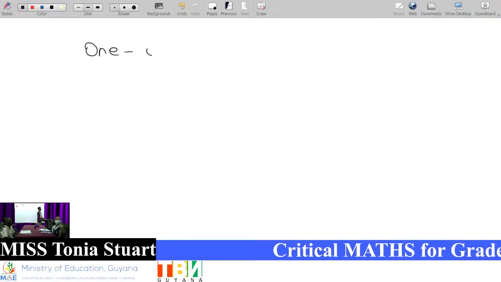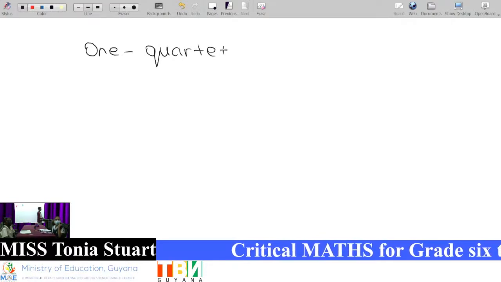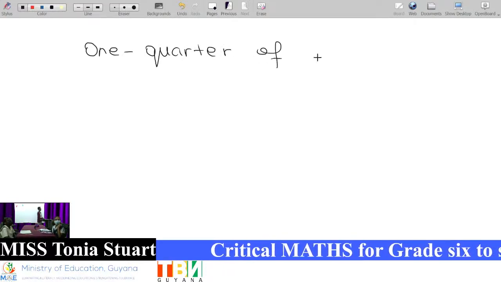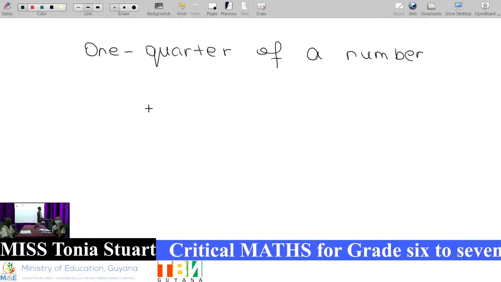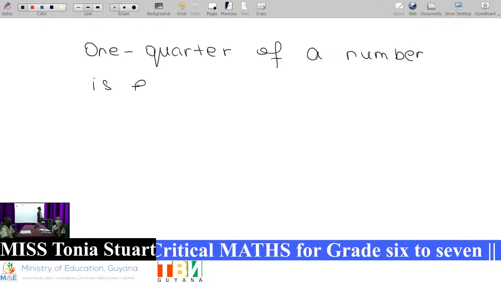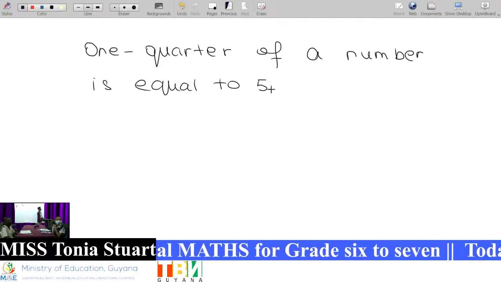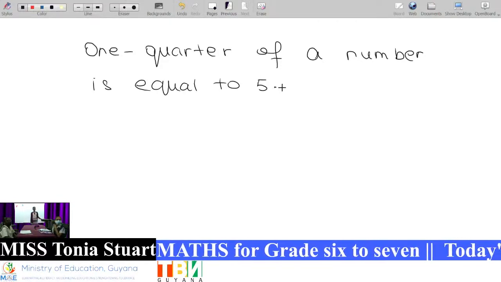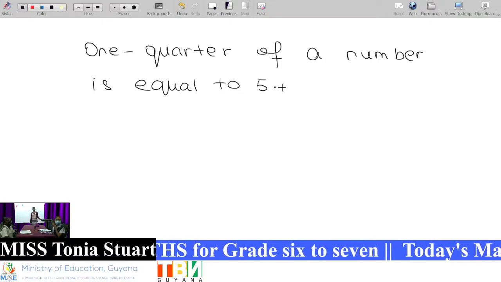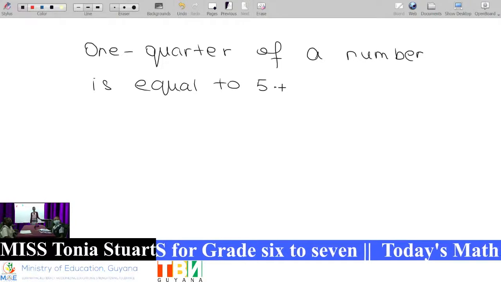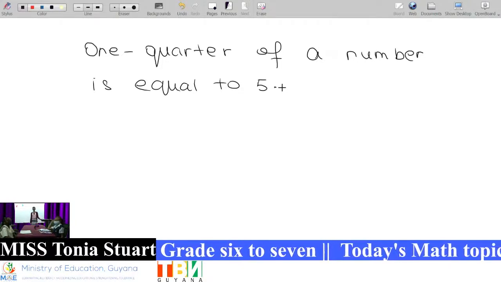1/4 of a number is equal to 5. So, what are you thinking?